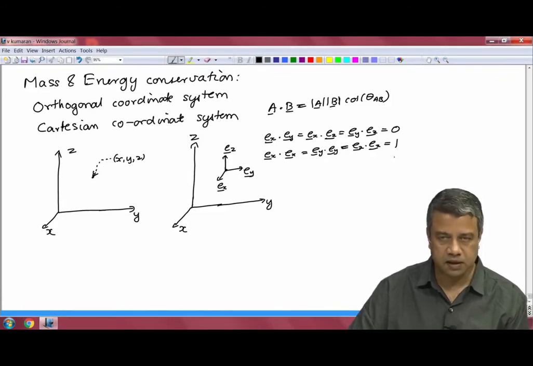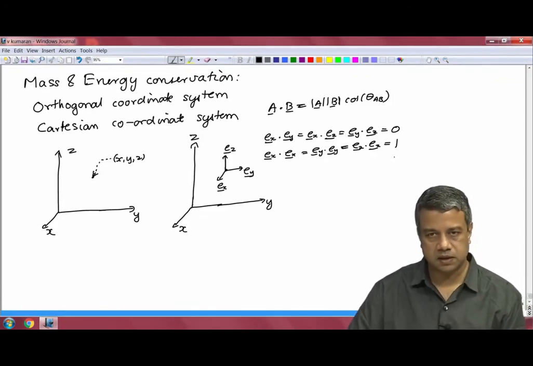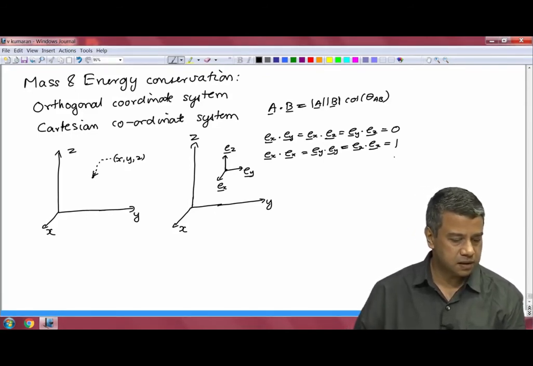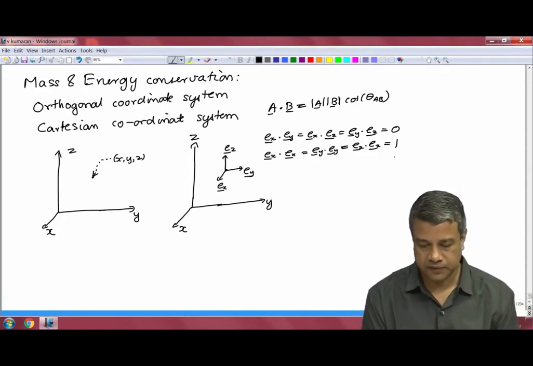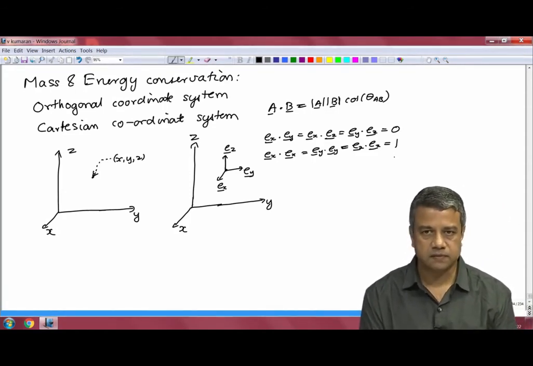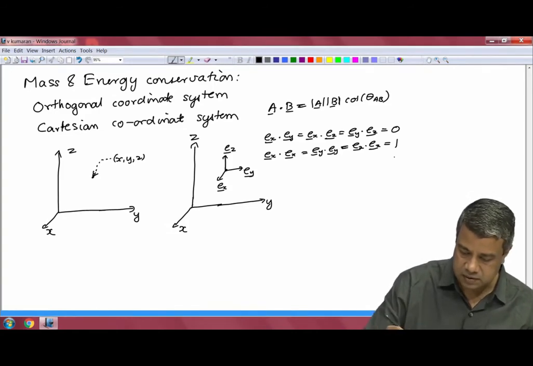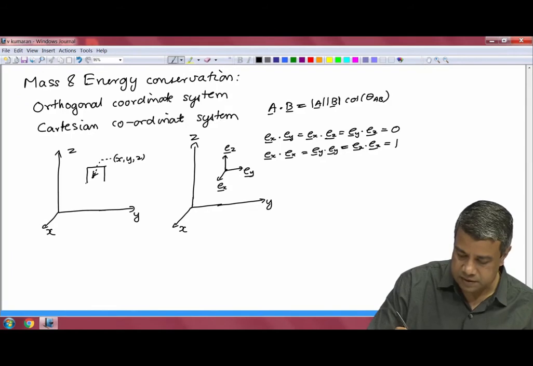Now, how do we derive the conservation equation in this 3-dimensional coordinate system? The procedure is exactly the same as what we had derived for a unidirectional flow. We consider a differential volume whose surfaces are surfaces of constant coordinate. So, around this location x, y, z, a differential volume whose surfaces are surfaces of constant coordinate.